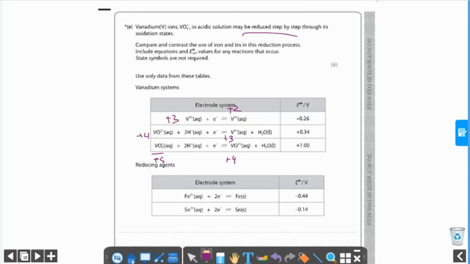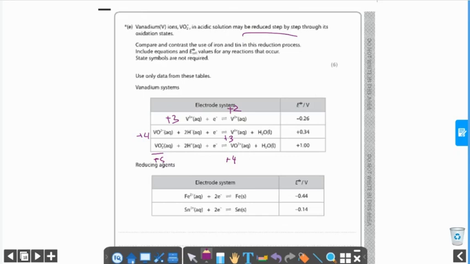So how many points here? 6, no? Okay. So first of all, you start. The order is important here. You have to start from vanadium +5 and select which one is better. If both are positive, you can mention both can be reduced, right?